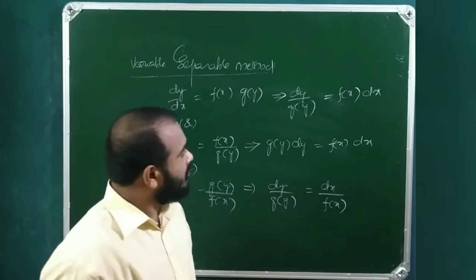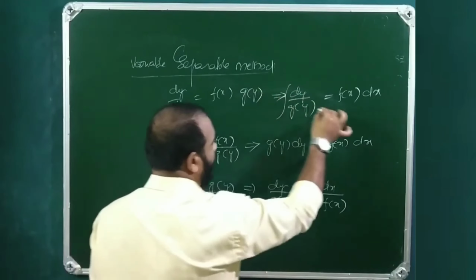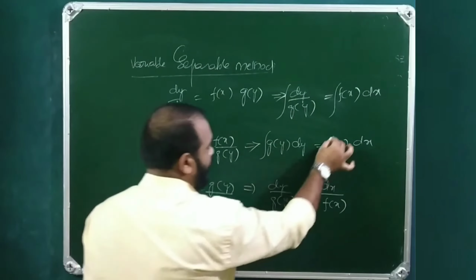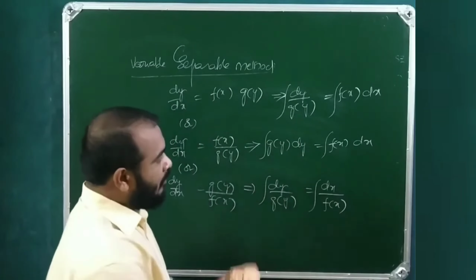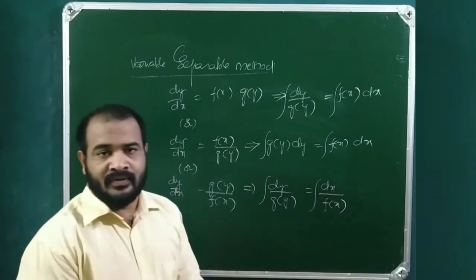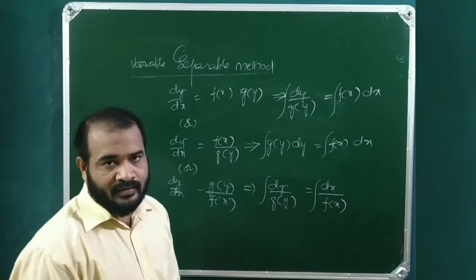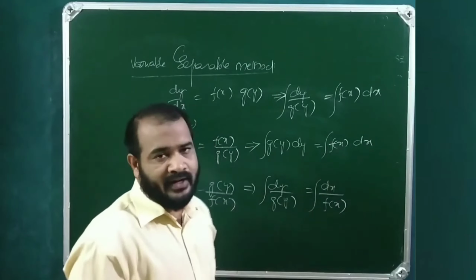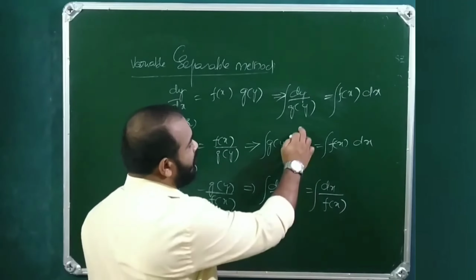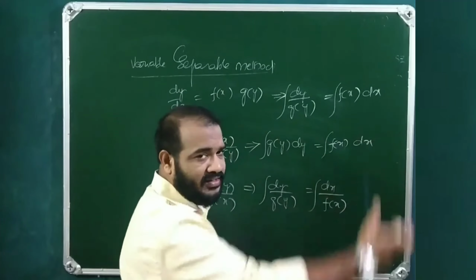The second thing that we have to do is integrate on both sides. In this process of integration, a constant will be added, since it is an indefinite integration. One constant will be added on the LHS, another constant on the RHS.